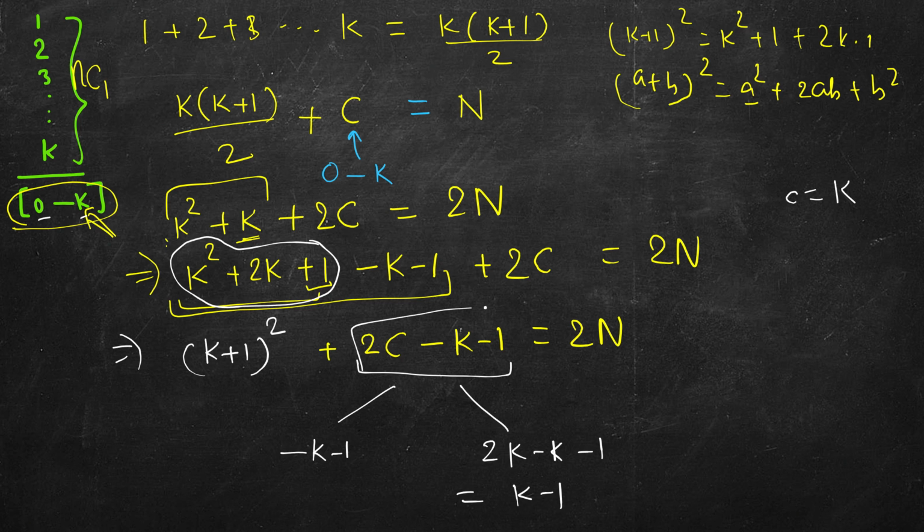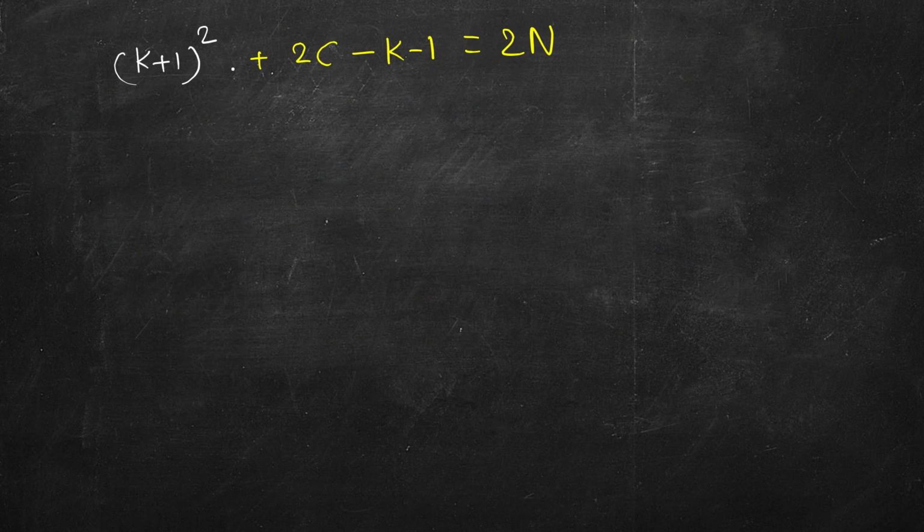So this term will lie between minus k minus 1 to k minus 1. So let's see this further. So this term becomes either minus k plus 1 all the way up to k minus 1. And it can lie any value between these.